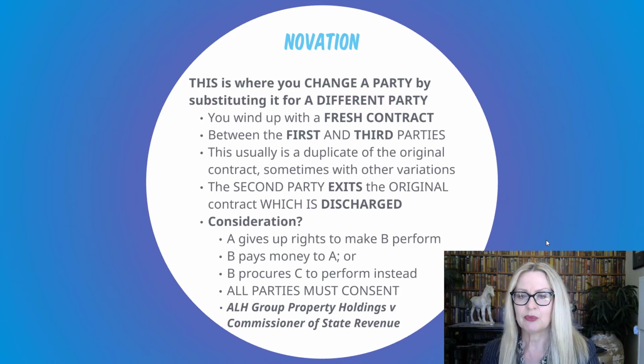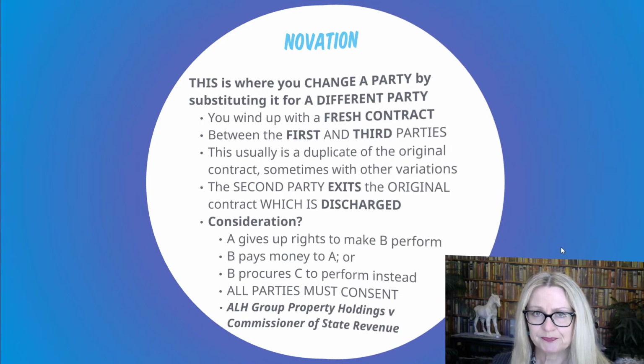Well, A is giving up rights to make B perform, so B is going to have to give some consideration to A for that. So B will either pay some money to A, or B will procure the newcomer third party C to perform for A. All parties have to consent to the arrangement, and the main case here is ALH Group Property Holdings and Commissioner of State Revenue.